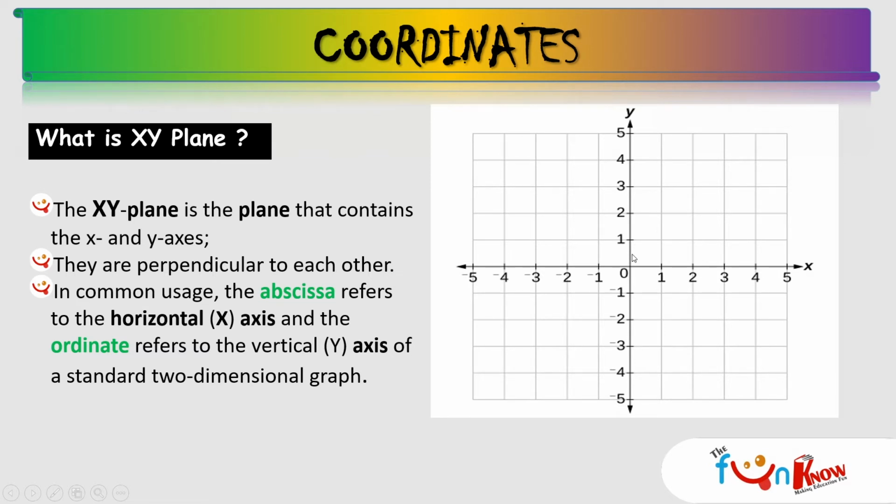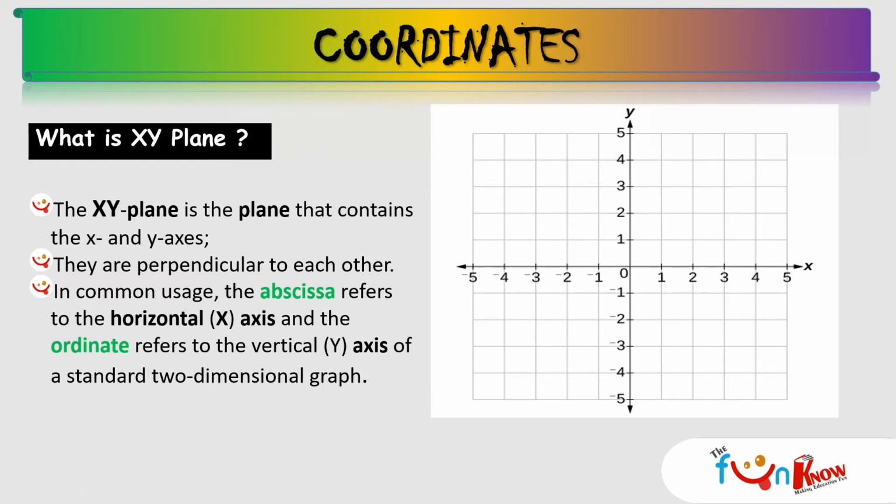So when a plane contains the x-axis plus the y-axis, it is known as the x and y plane. Students, you can see here, the x and y axes intersect each other at a point that is known as 0. That's why the x and y axes are perpendicular to each other.